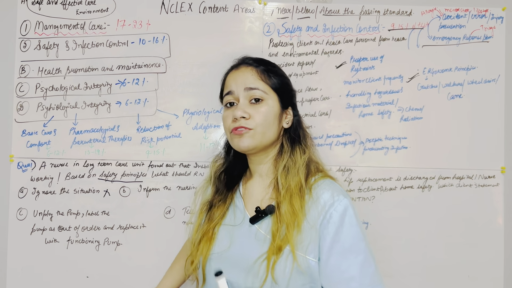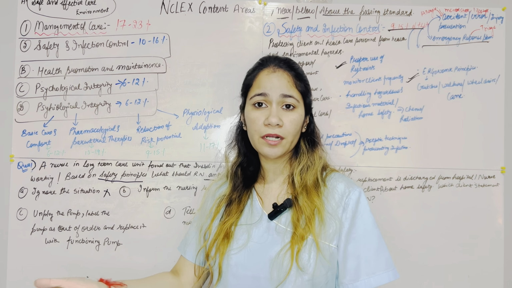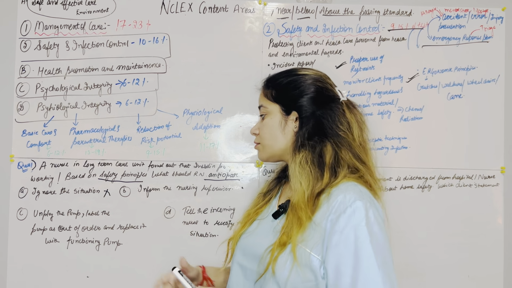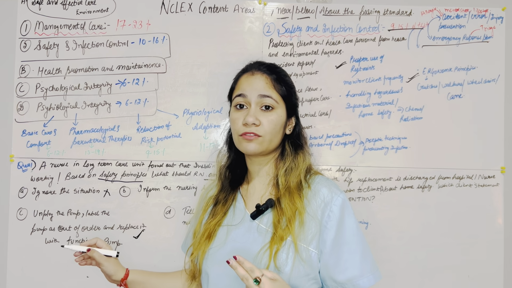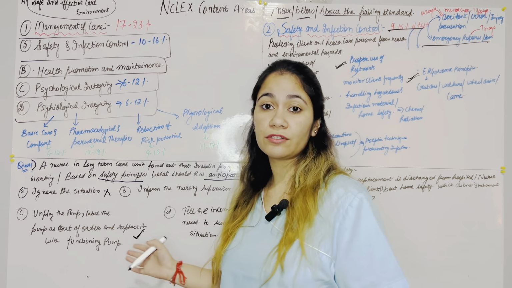In future, if we want to use the insulin pump and it's out of order, how can we use the pump? So that can be an issue. That seems to be a correct option, but I will also read the last option.